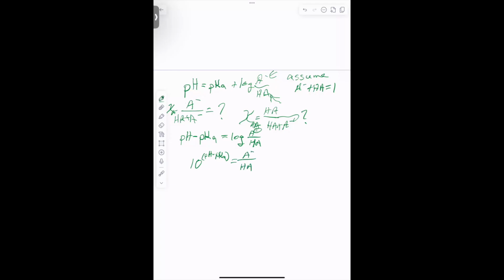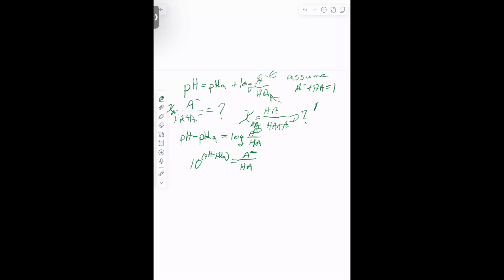Remember, where I'm going is I want to figure out what A minus is equal to without having to know what HA is. Sounds crazy, I know, but bear with me.